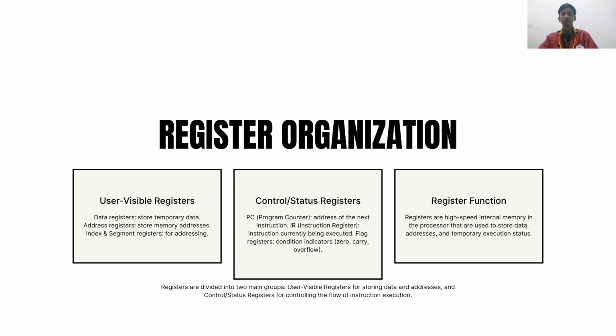The second group is control and status registers, which are not directly visible to application programmers.